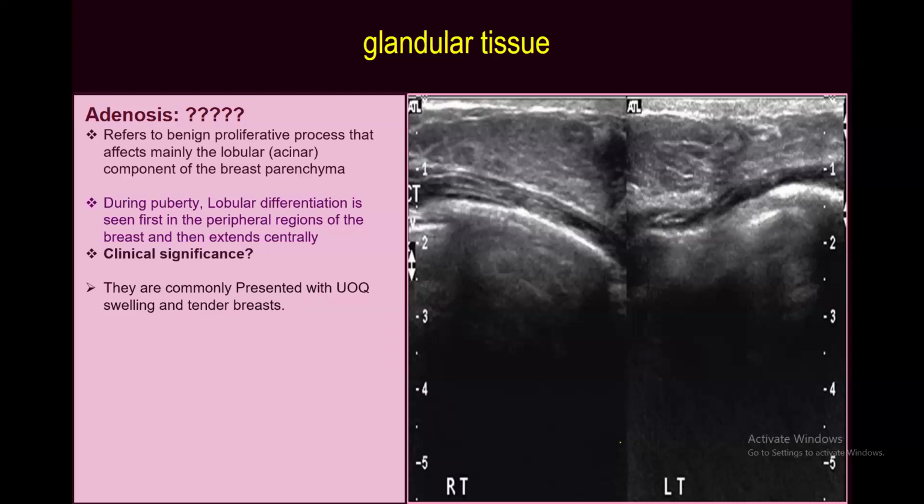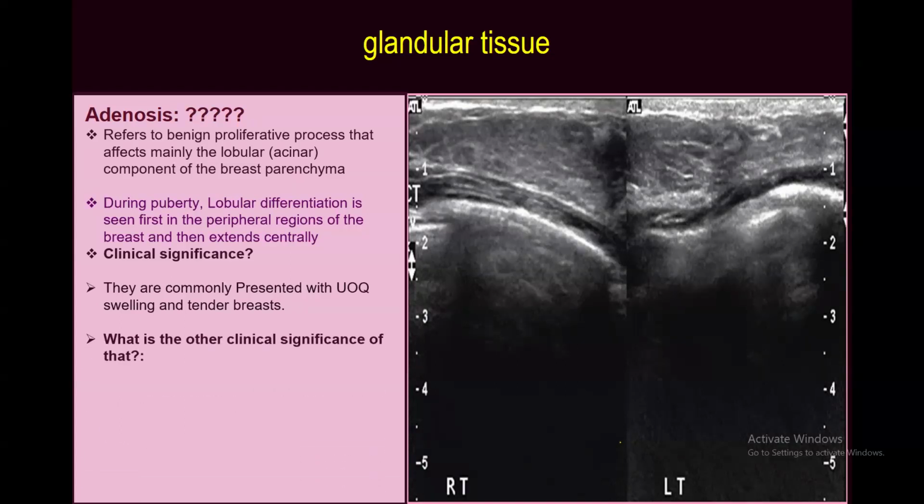She has more pain in the right breast compared to the left. This is adenosis. This is a very common presentation. Young ladies presented with tender swelling in the upper outer breast due to physiological adenosis.